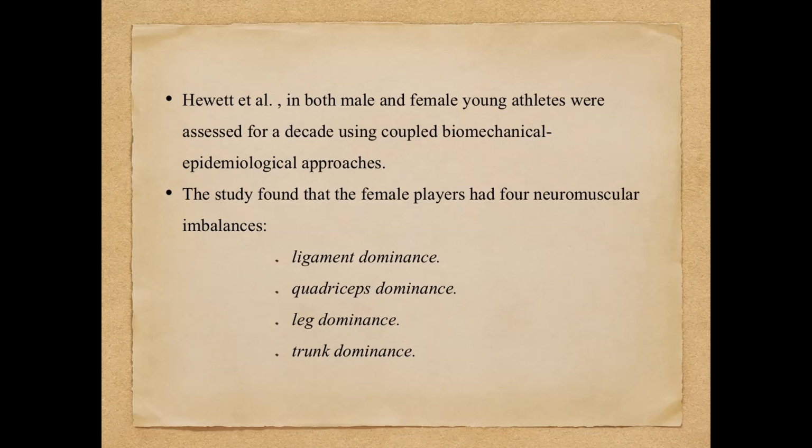Then leg dominance is one leg dominance in a female that results in greater asymmetry between the lower limbs and a greater risk of future injury. And trunk dominance imbalance relates to instability and precise control of the trunk in 3 dimensions.